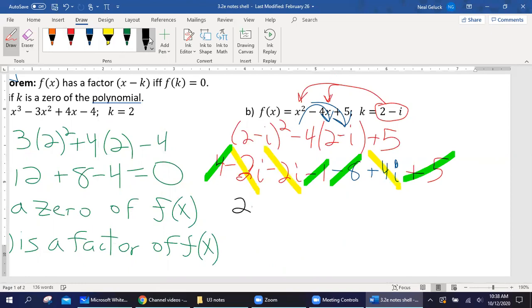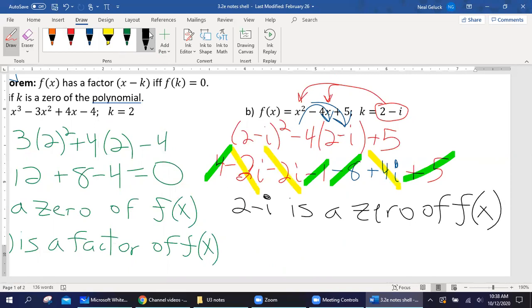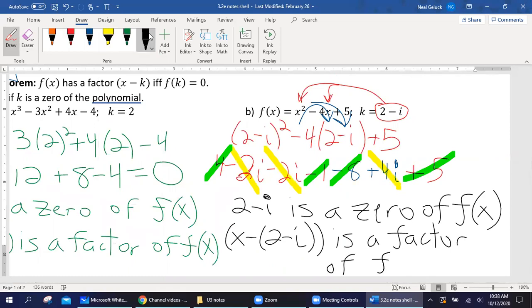That tells me that 2 minus i is a 0 of f of x, and x minus the quantity 2 minus i is a factor of f of x. Again, those are synonymous.